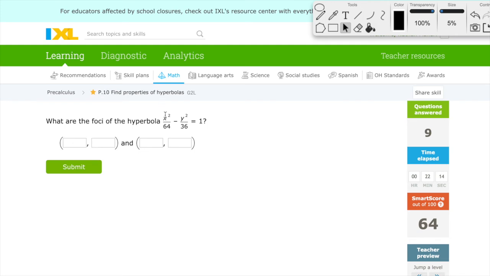When we have the x first, let's actually write this out again as well. So I'm going to say if the x is first and if the y is first, so it's going to save me some writing. If the x is first, our foci coordinates are going to look like this, plus and minus c, and we'll talk about where c comes from, and then 0.